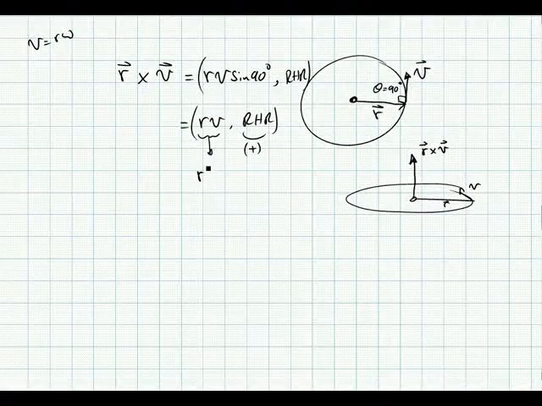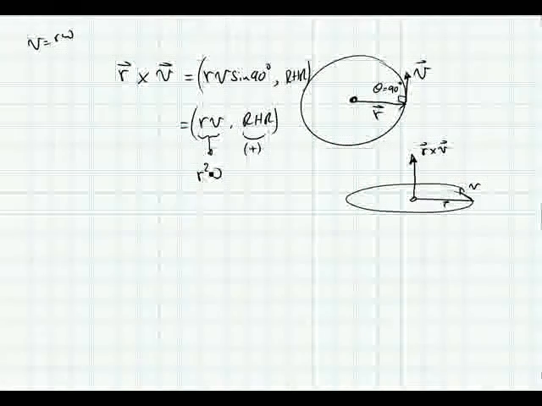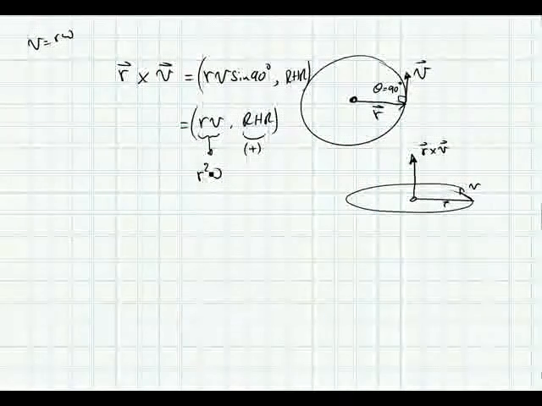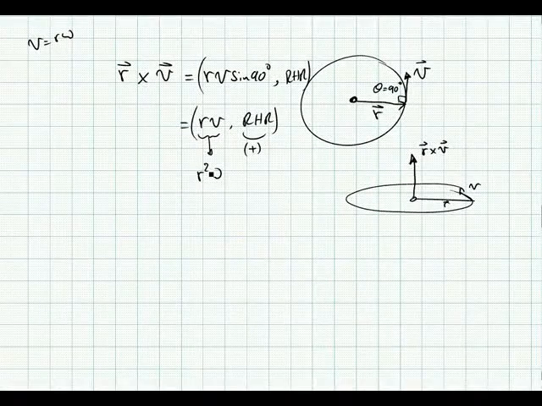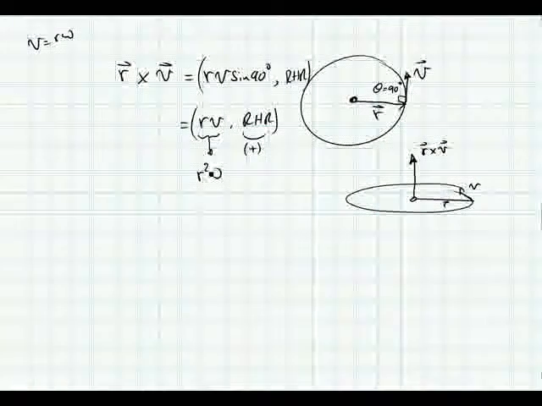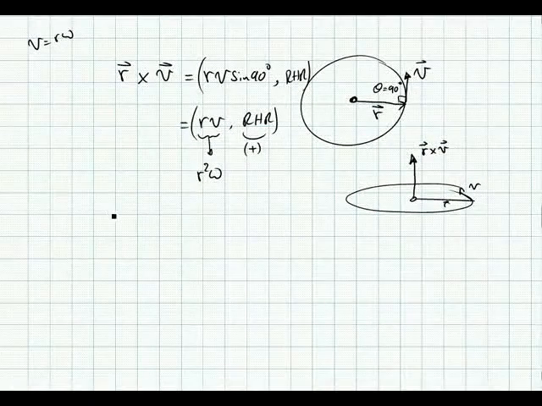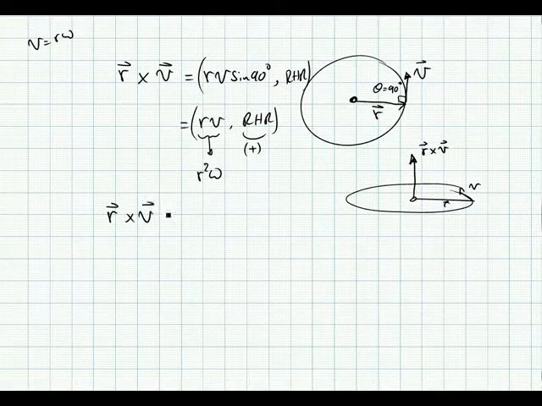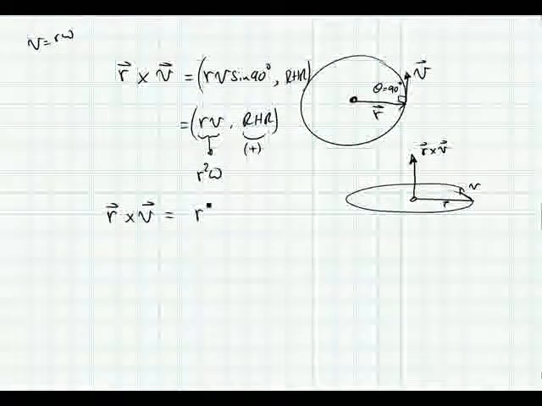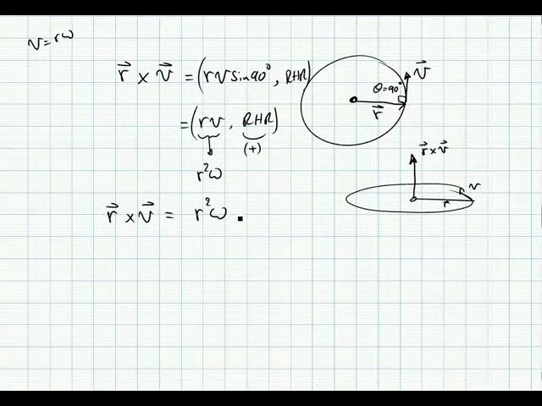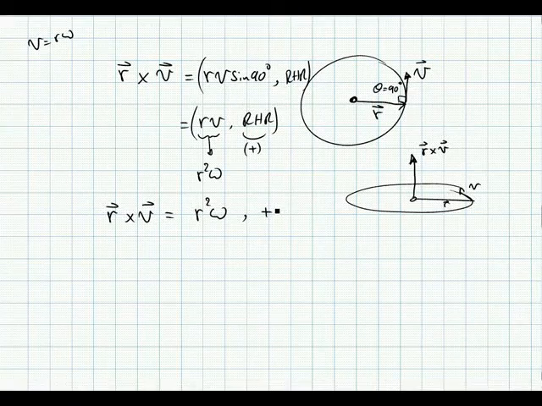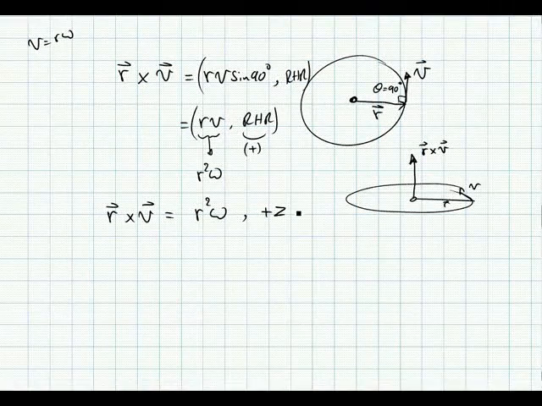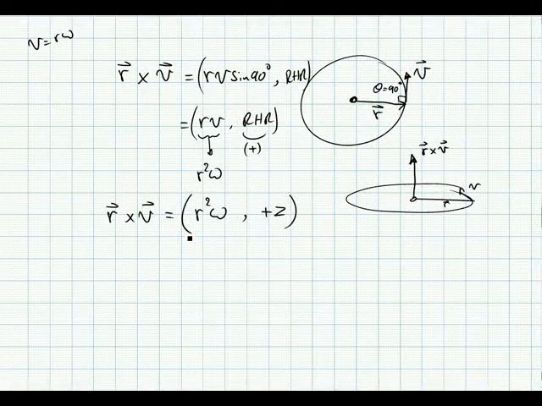So this gives us R squared omega as the magnitude of this cross product of R and V. So R cross V is a vector whose magnitude is equal to R squared omega and is pointing in the positive, let's call it positive z direction.